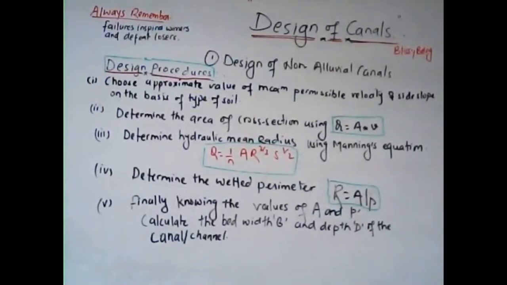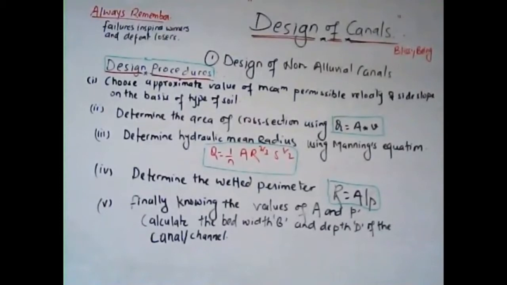So if you just substitute the values and cross multiply, you will determine the value of the wetted perimeter. You have determined the area of cross section, you have determined the hydraulic radius, so you can easily determine the wetted perimeter.